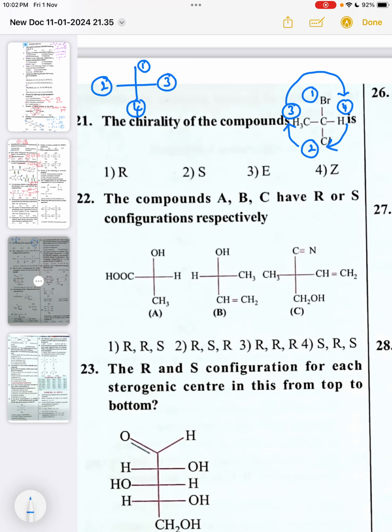Now see whether it is clockwise or anti-clockwise. If it is clockwise, R is assigned. If the numbers are moving in anti-clockwise direction, then it is S configuration. Now let us see. 1, 2, this is anti-clockwise. That's why the configuration is assigned as S. This we'll discuss once again in the classroom. Got it? Next. So 25th question, let us see.